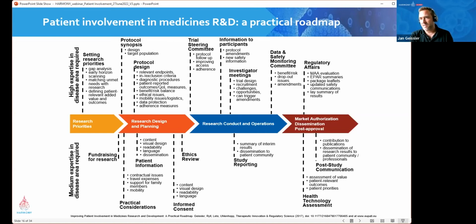We've been sitting on data safety monitoring committees to look at safety data and look at new risk assessments that we needed to take to decide on amendment of protocol, stop of study, or just moving on as it is. And a number of us have been involved in EMA scientific meetings to actually advise on interpreting the data.